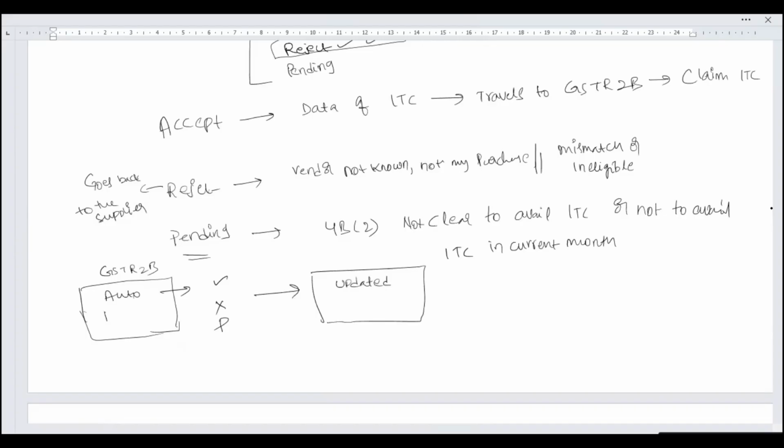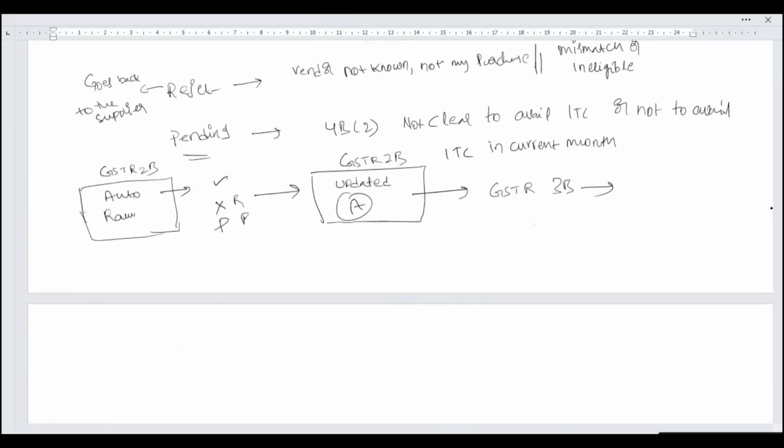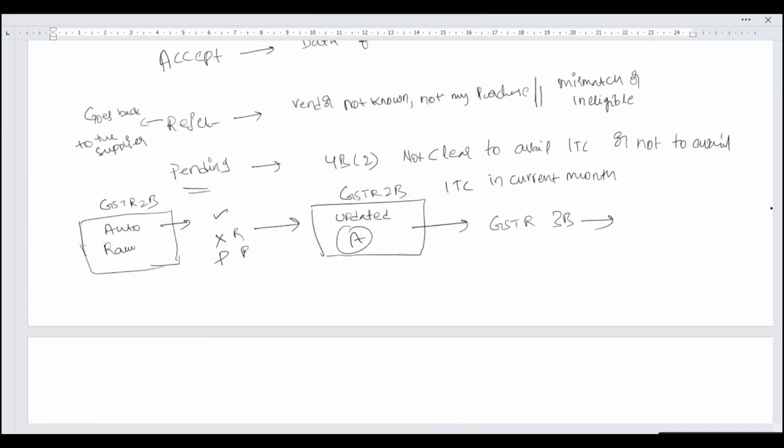This is your raw 2B, and this is the updated GSTR-2B. Only accepted will come and sit here. Your rejected and your pending do not travel to the updated 2B. This is what they have said. So based on this, it travels to your GSTR-3B and you file your return. This is what they are talking about.